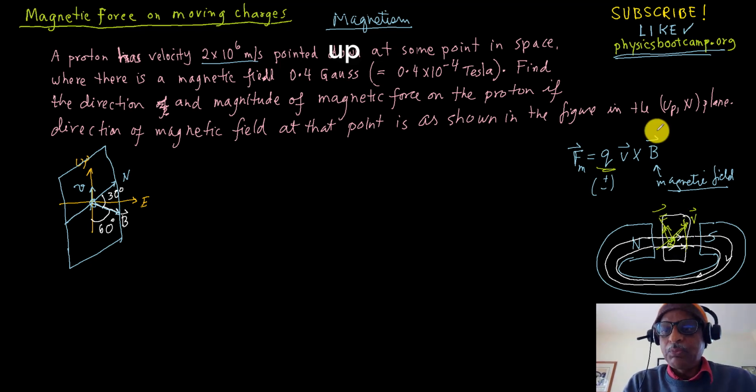So the way it works out is, first thing to notice is V and B will form a plane, and the force will be perpendicular to that plane.